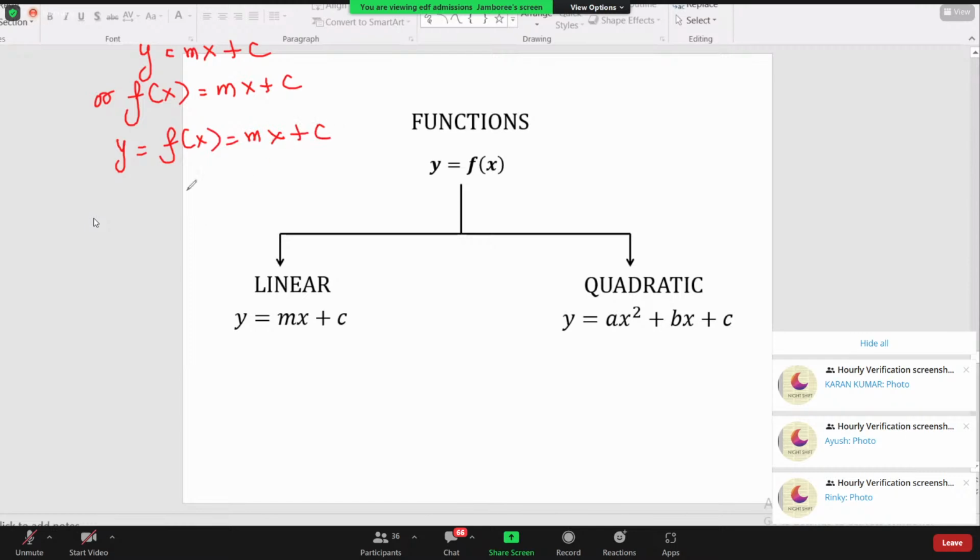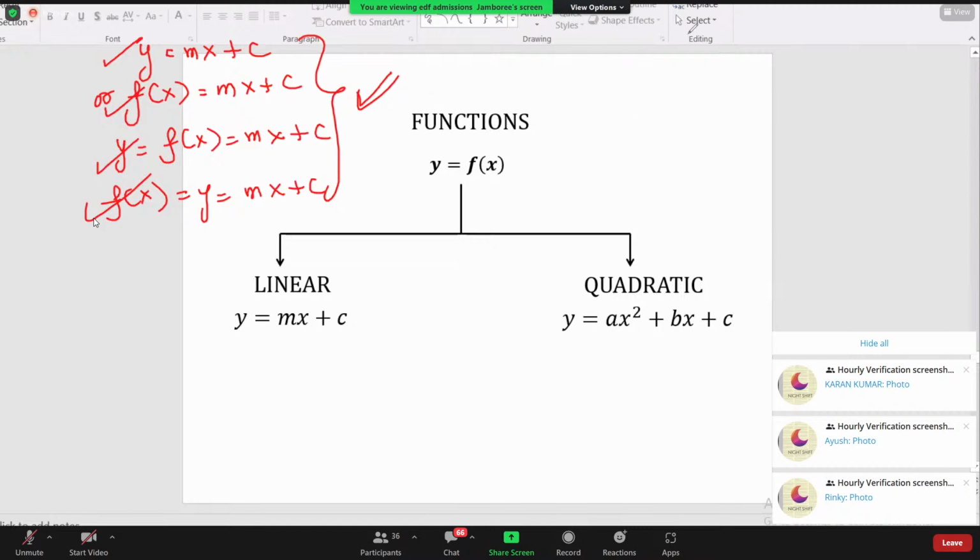That will also denote the same thing. You can write it as f of x is equals to y is equals to mx plus c. That also denotes the same thing. No matter which of these four ways you write it, it will always give you the equation of a straight line only. So these are the four different ways to write a function, but all mean the same thing.